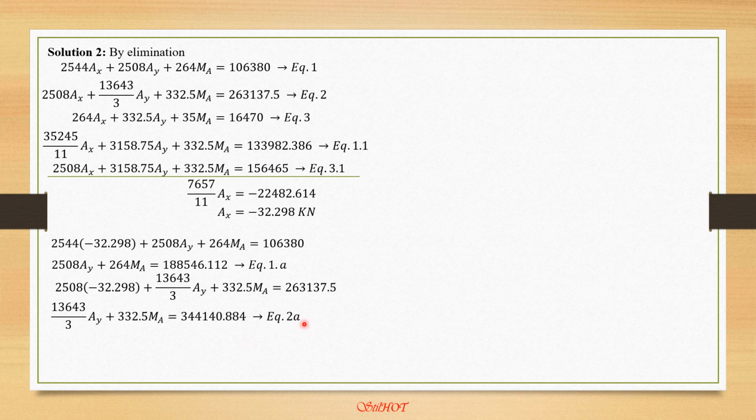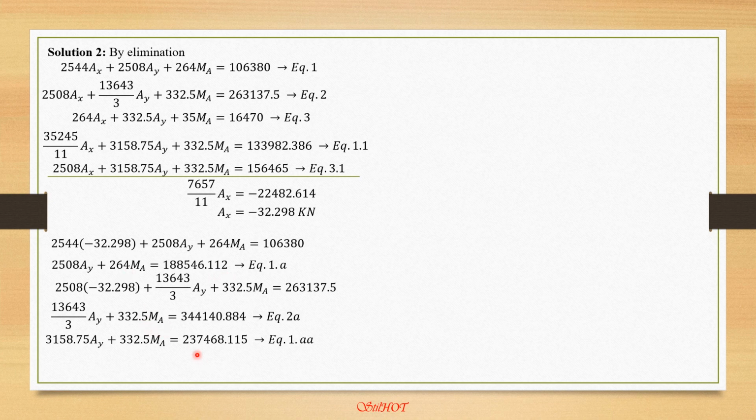Then we multiply equation 1A by 332.5 divided by 264 so that we can eliminate MA. So 2508 times 332.5 over 264 becomes 3158.75 AY plus 332.5 MA equals 188,546.112 times 332.5 over 264.